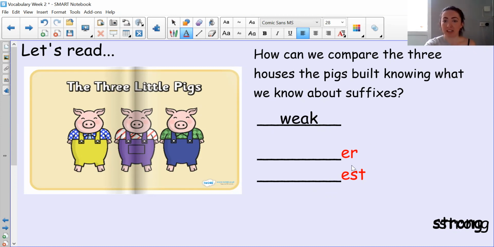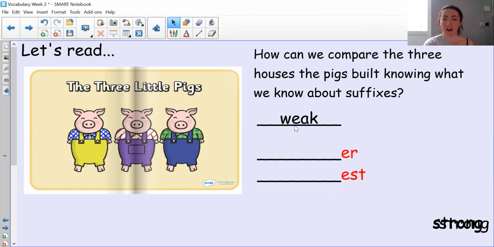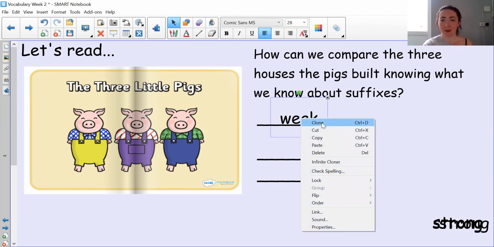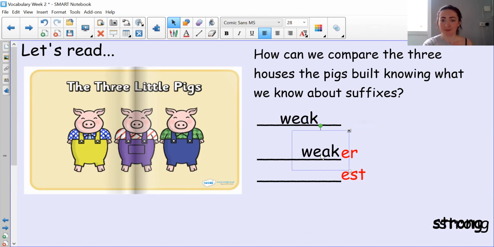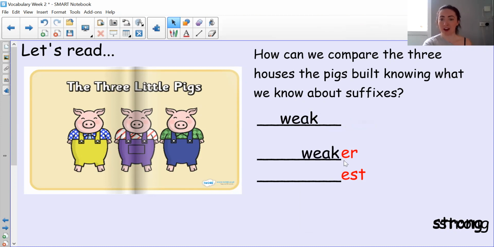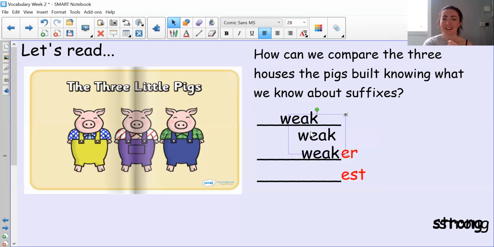Now, what happens if we add the suffix er onto the end of weak? Can you have a think? That's right, weaker. Let's make that word. Weaker. And then what about if we add the suffix est onto the end of weak? What would that be? That's right, weakest.